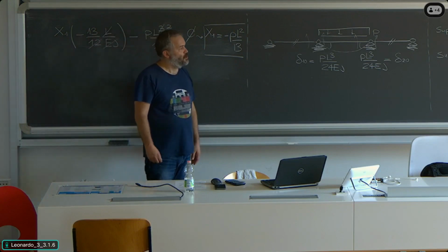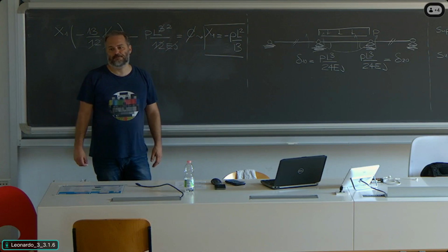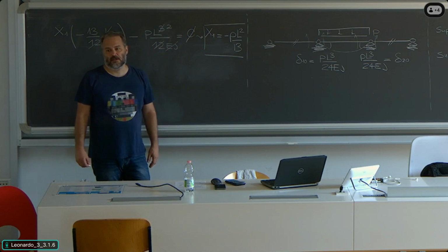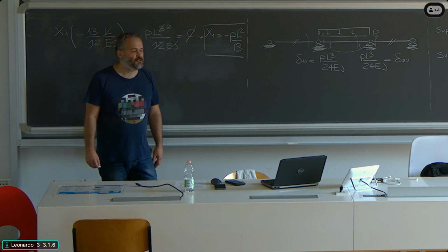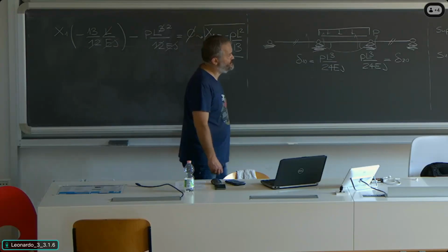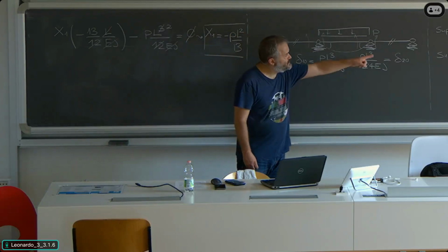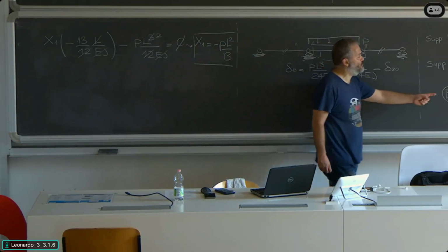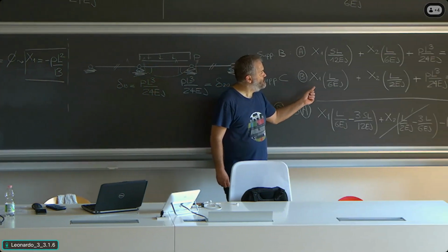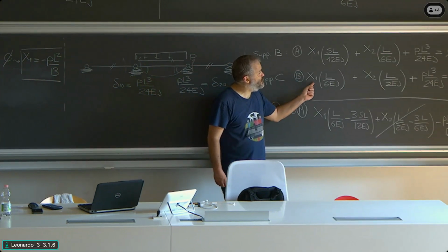Then, once we have x1 known, we can proceed with working out x2 by means of substitution. In this case, it makes sense. So let's look, for example, at the second equation which I called B. We could use it in order to get x2.